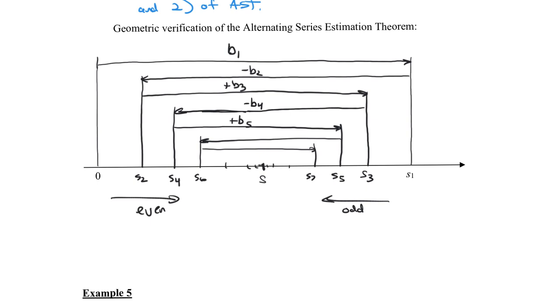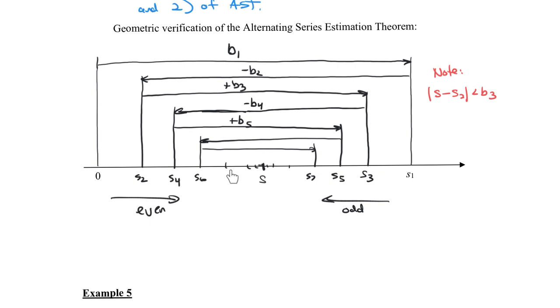And you can notice a few things. So here's something to notice about this one. Here's where the alternating series estimation theorem will start to make sense. The magnitude of the difference between s and s sub 2 is going to be less than b sub 3, the first neglected term. Here's the actual sum, and here's s sub 2.